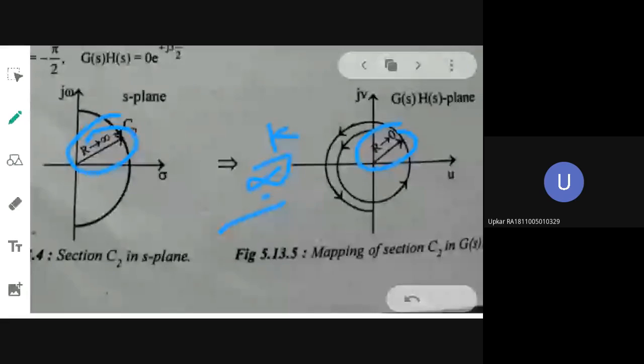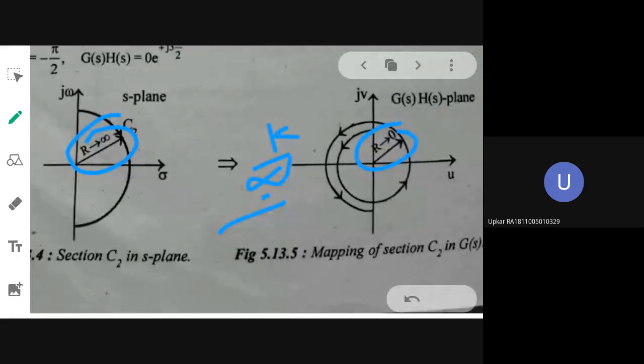What is 3 pi by 2? 270. Yes, it is traveling from minus 270 to plus 270. So where will you have minus 270? Just now I have drawn 0. Negative angles mean you have to take clockwise, positive angles mean anticlockwise.